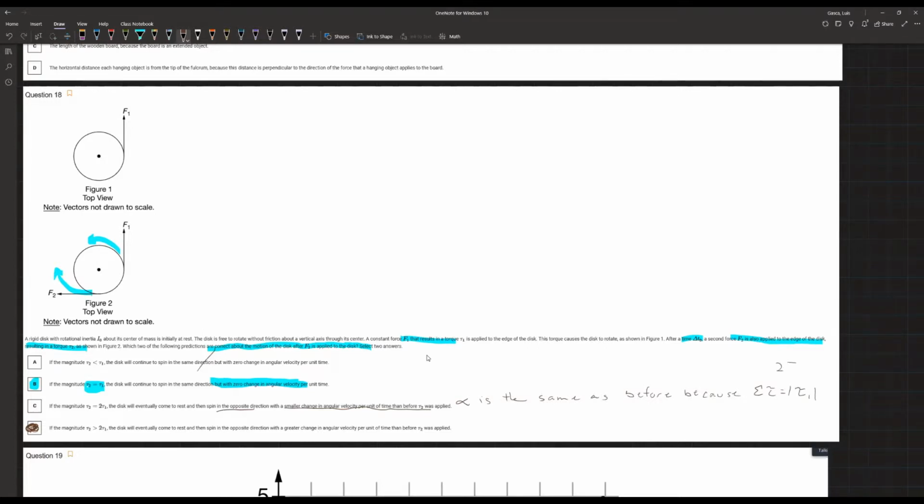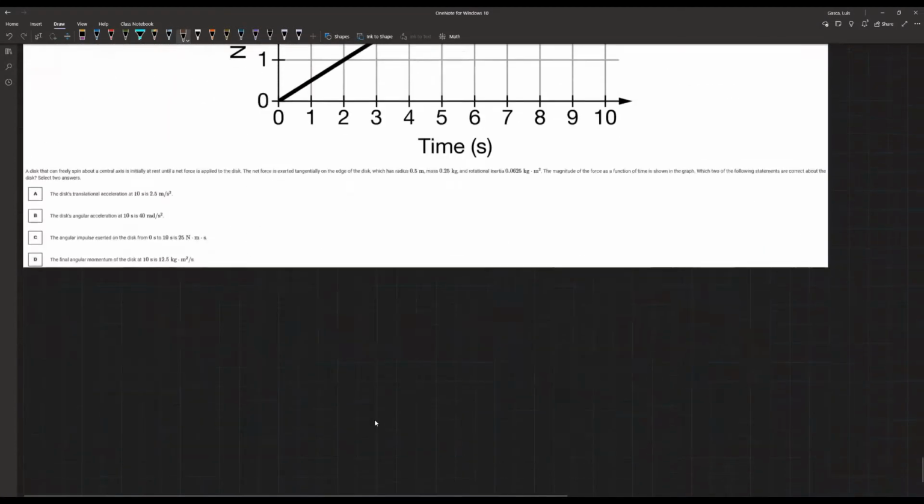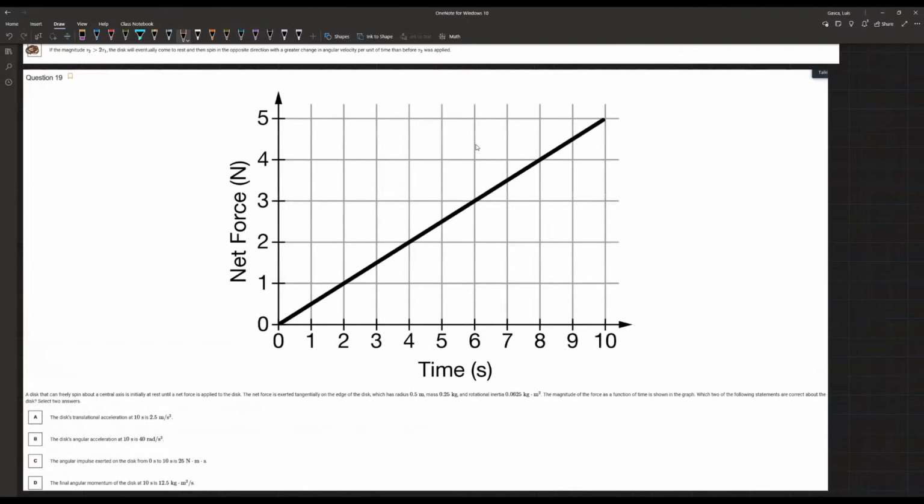It would be 2 times tau 1 minus tau 1, which is just tau 1 in the opposite direction. Okay, and 19, and then we're home free.